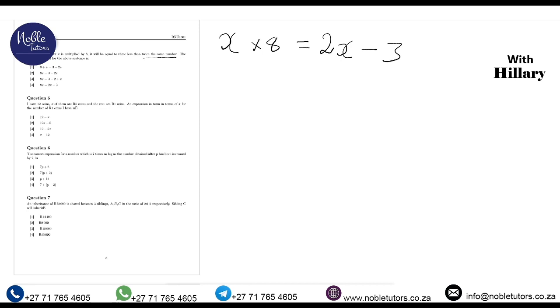So now we need to formulate a mathematical expression which interprets this statement. Hence, we are going to say 8 times x, it will give us 8x is equal to 2x minus 3. So that will be our expression of the given question.